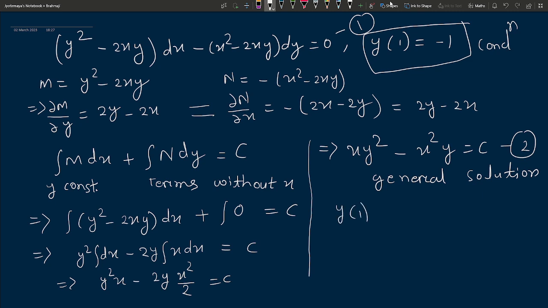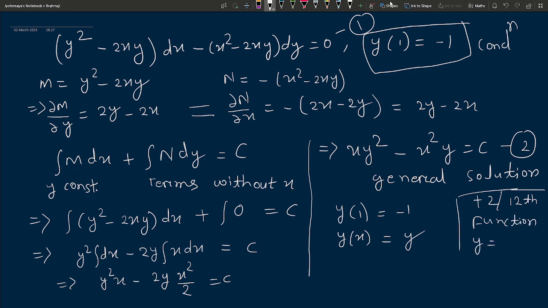Here we are treating y as a function of x. Remember from plus 2 or 12th class, you know about functions: y is equal to f of x. The same thing is here, we are writing just y is equal to y of x.